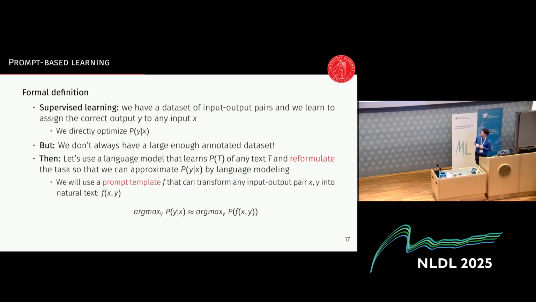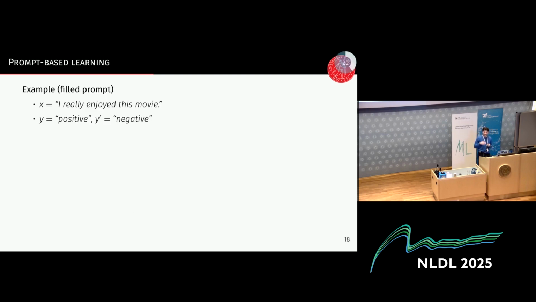So instead of looking at what's the most likely label given an input X, we look at what's the most likely prompt that's transformed from the input pair X and Y. This is probably a bit confusing, but let me show some examples of how it looks in practice.